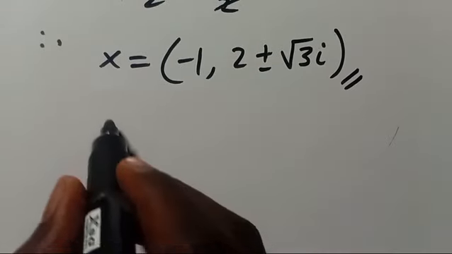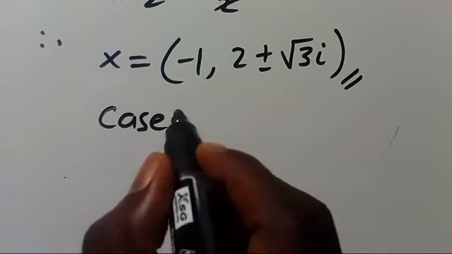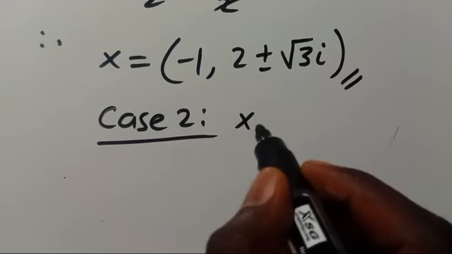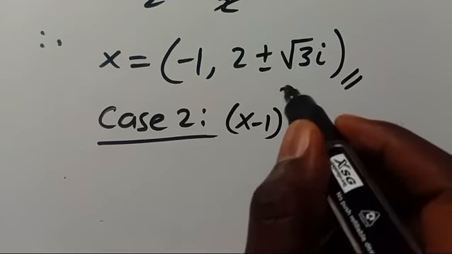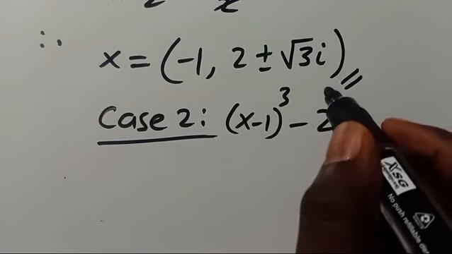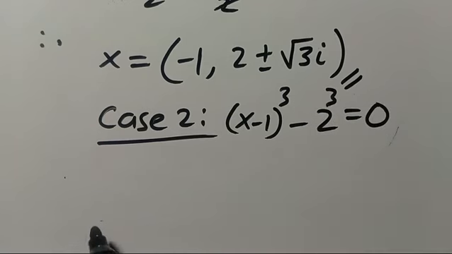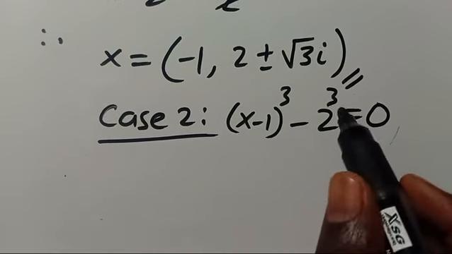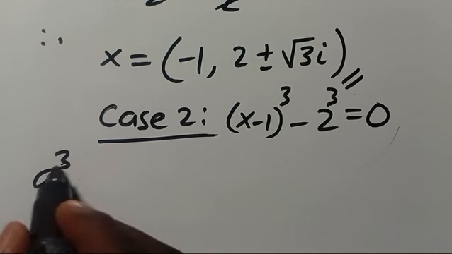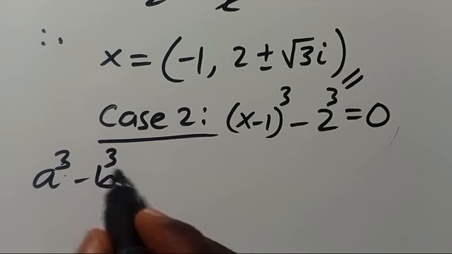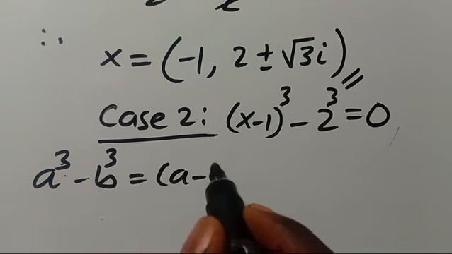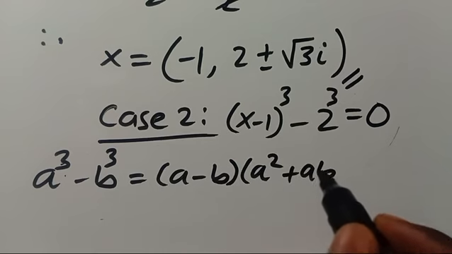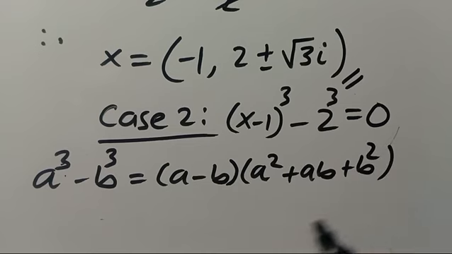So therefore x equals 2, positive or negative, root 3i for the first solution. Then let's take a look at case 2, where we have x minus 1 in parentheses to the power of 3 minus 2 to the power of 3 equals 0. Recall that this goes with when we have difference of two cubes: a to the power of 3 minus b to the power of 3 equals a minus b in parentheses multiplied by a square plus ab plus b square.